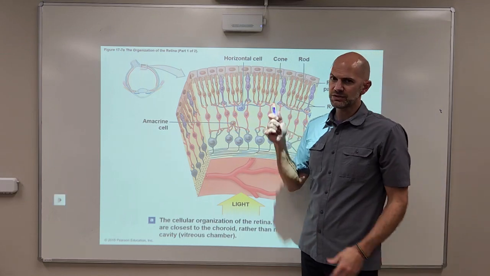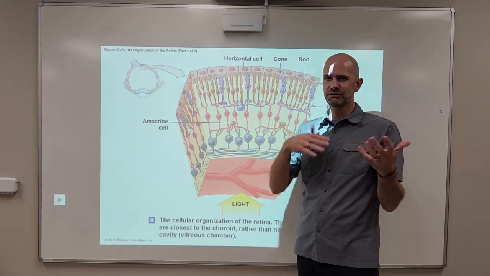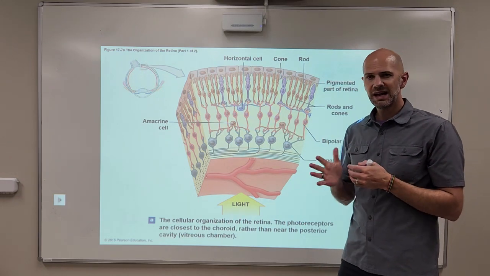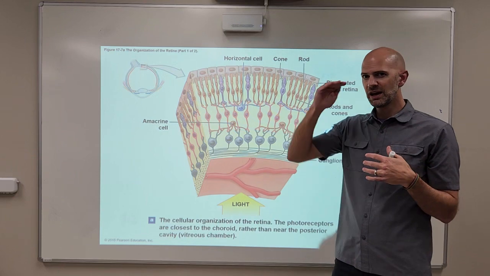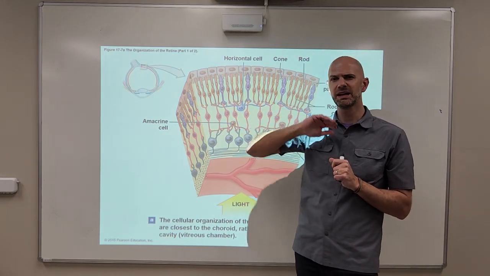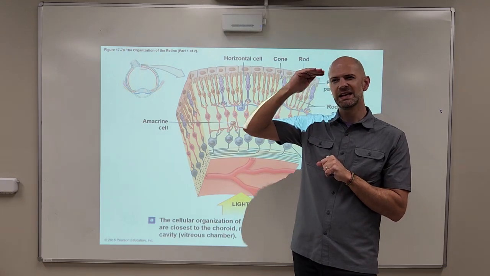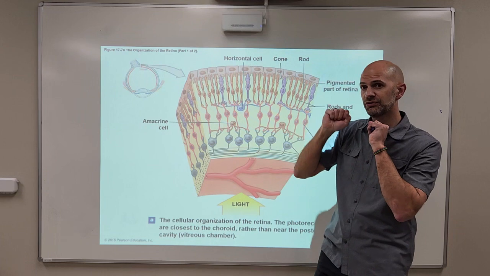In other animals that do more nighttime hunting and food gathering, so most mammals like squirrels and cats and dogs and deer, you have the tapetum lucidum. The tapetum lucidum is that light reflective layer that would be right here that reflects the light back.